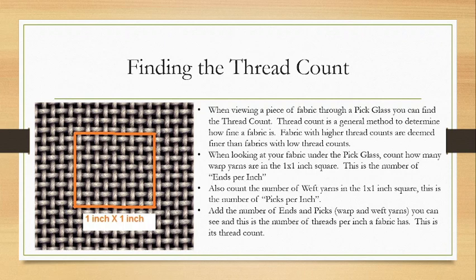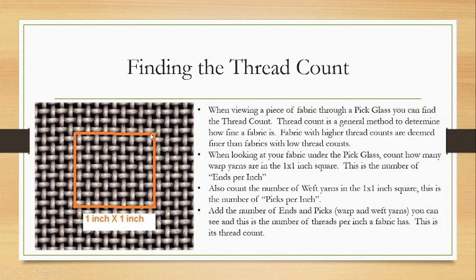How do we actually find the thread count and what does it mean? Thread count is usually done, especially in America, based on an inch by inch square sampling of the fabric. So when we hear about thread count, it's so many threads per inch square.